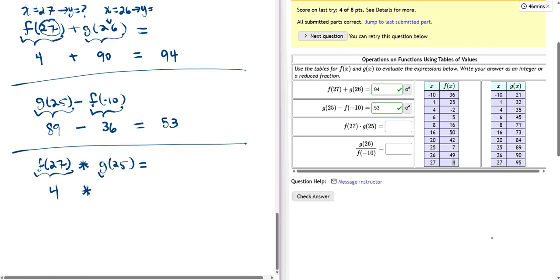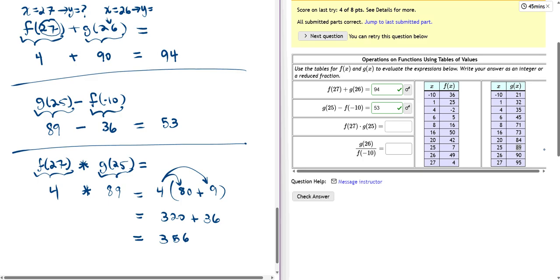Then for g of 25, in the second table where x is 25, I find the function value of 89. So now we just have to multiply 4 times 89, or 4 times 80 plus 9. That gives me 320 plus 36, which is 356.